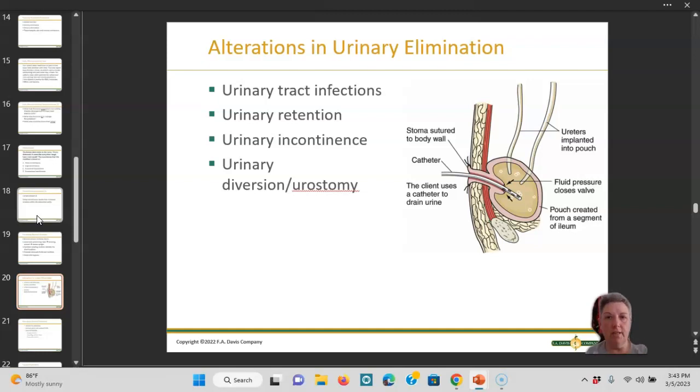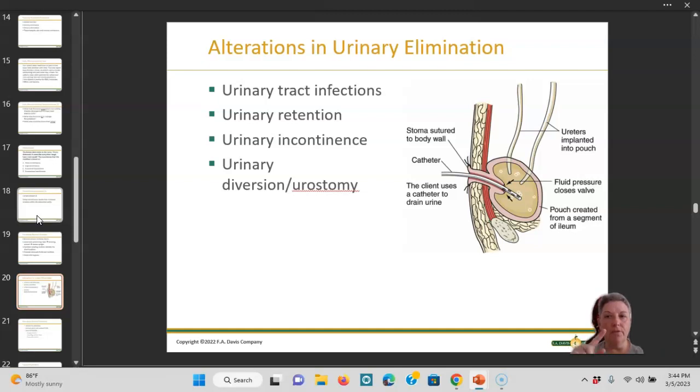Urinary diversion is a urostomy, so they have an opening to the skin. The stoma is sutured to the wall, and there's a catheter that goes in and collects that urine from time to time. So you may have to do this as a nurse if they can't. The ureters are implanted into this little pouch, so they make them a new little bladder.